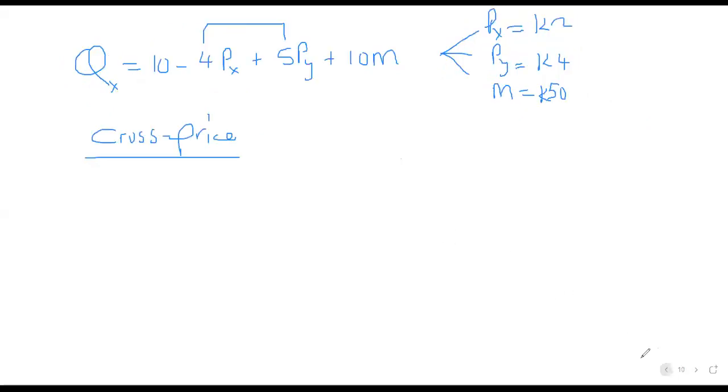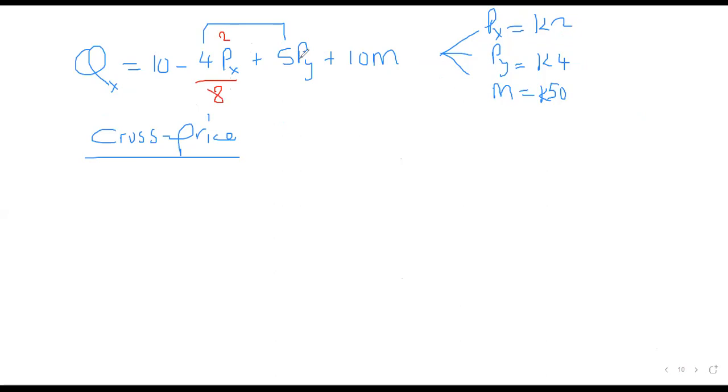In this case, we are being asked to calculate the price elasticity of demand as well as the income elasticity. When you put in these figures, the price of good X is 2 kwacha, and when you apply this, you get 8.